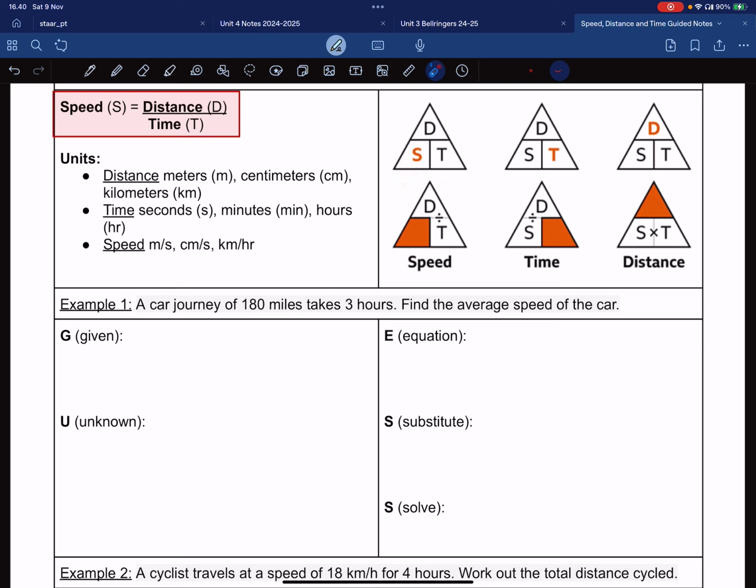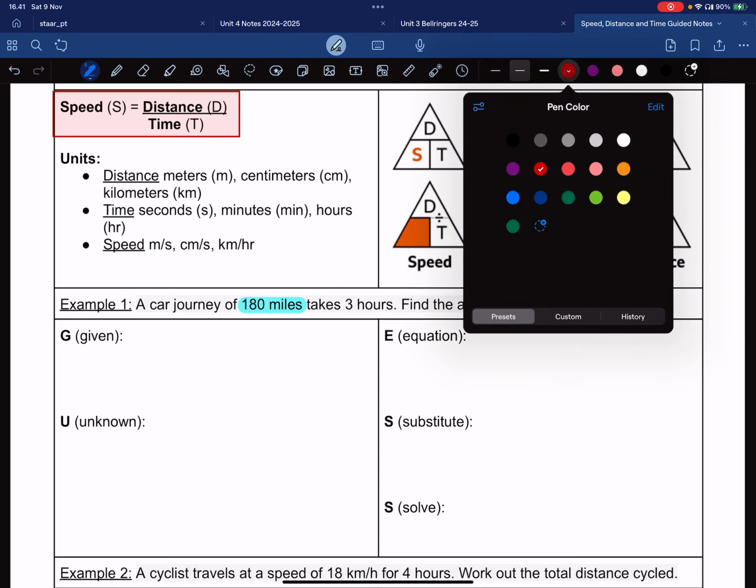So, a car journey of 180 miles takes 3 hours. Find the speed. So the first thing you do is you do your givens. What are you given? So, a car journey of 180 miles. Well, that is a distance, right?